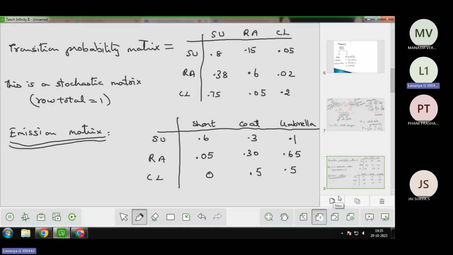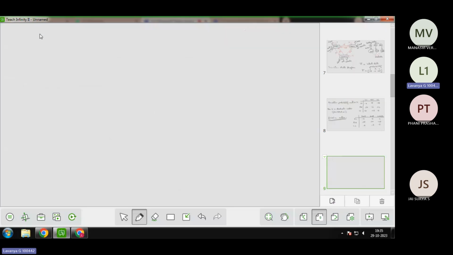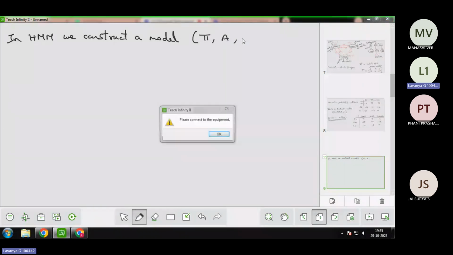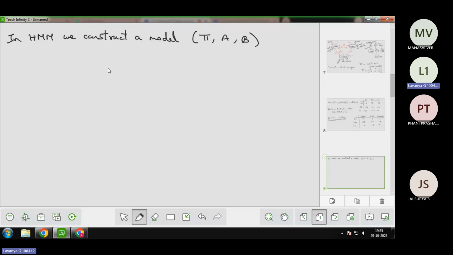Next, we have to go into how to judge what is the type of state. So in HMM, we construct a model with three states. What are they? Your initial state probability π, and A and B. One is transition probability and the other is emission probability.